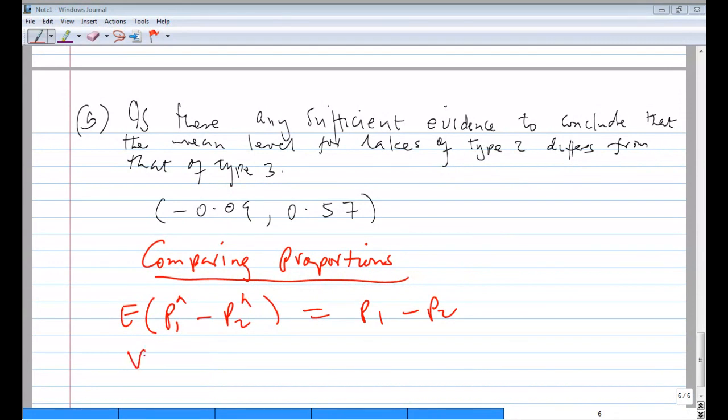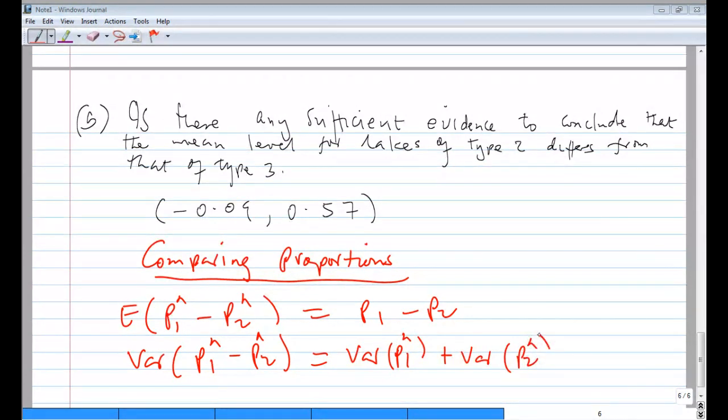And the var of P1 hat minus P2 hat is equal to the var of P1 hat plus the var of P2 hat minus 2 cov of P1 hat, P2 hat.